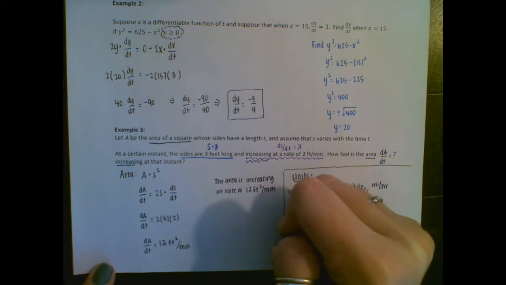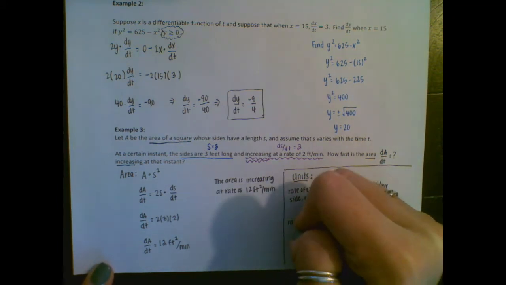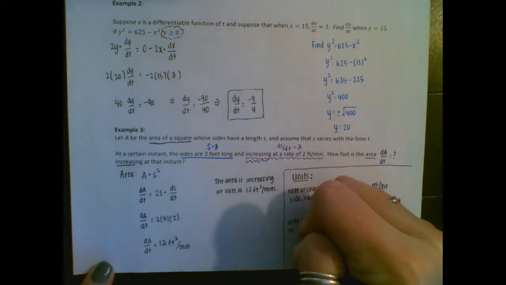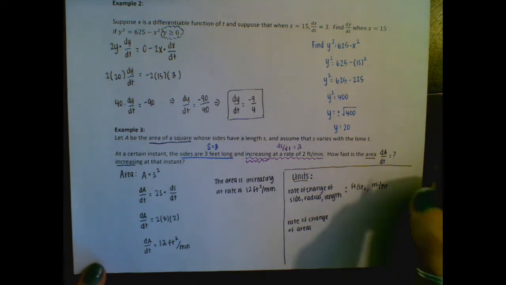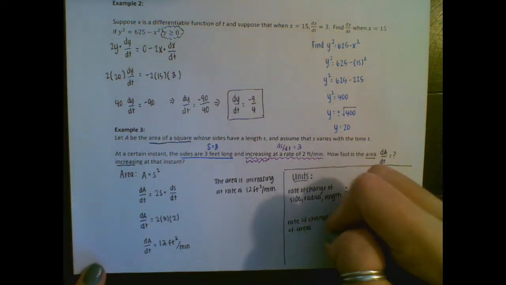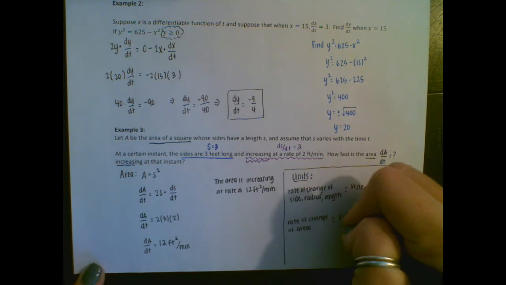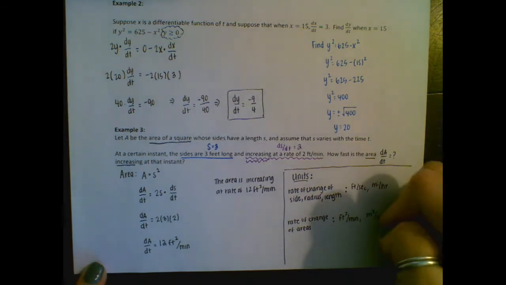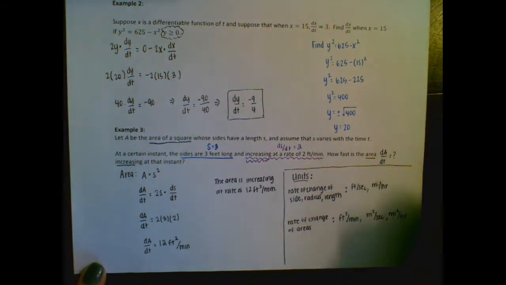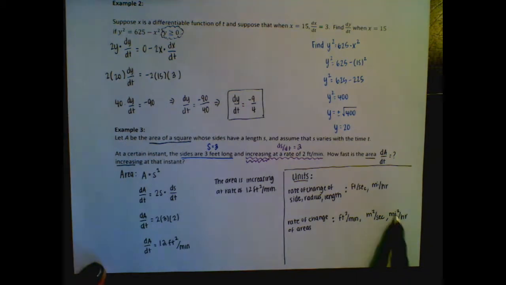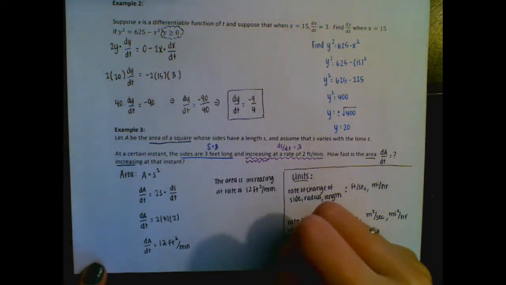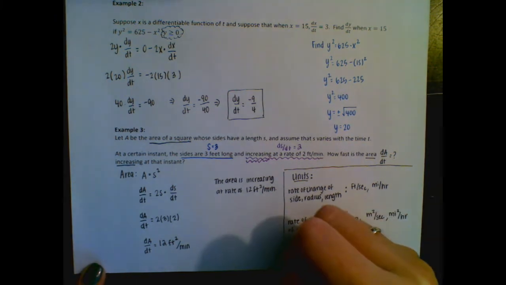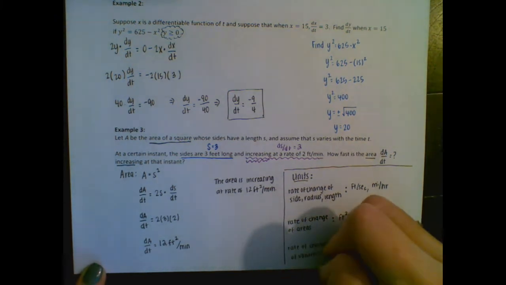If we're talking about the rate of change of areas, or sometimes you'll see that as surface areas, your units are going to be something like feet squared per minute, or meters squared per second, or miles squared per hour. So your units are going to be squared if it's talking about area. If it's talking about a rate of change of volume, those units are generally going to be cubed.